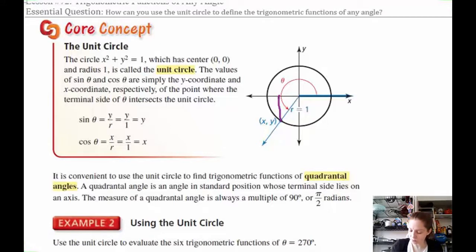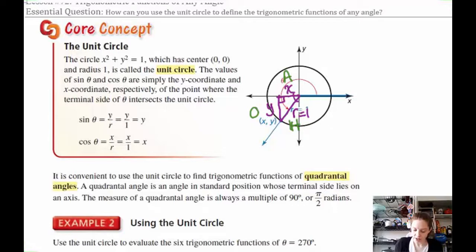So it's helpful for me to fill in this diagram a little bit more. Remember, this is x, this is y, this is the r value, which is now 1. In the unit circle, the radius is 1. I have my right angle and my reference angle, and I can label the sides as the hypotenuse of this right triangle, the side opposite my reference angle, the side adjacent.